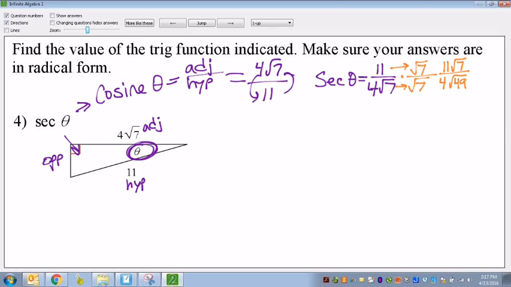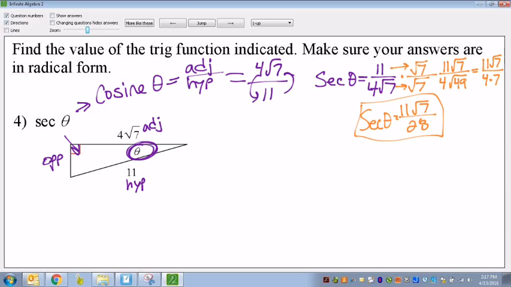But if two numbers are inside of a square root, you can multiply those together. Radical 49 equals 7, so 4 times 7 equals 28. So secant of theta equals 11 radical 7 all over 28.